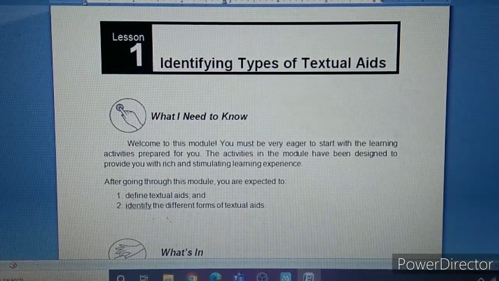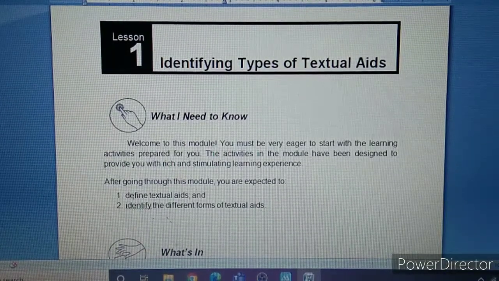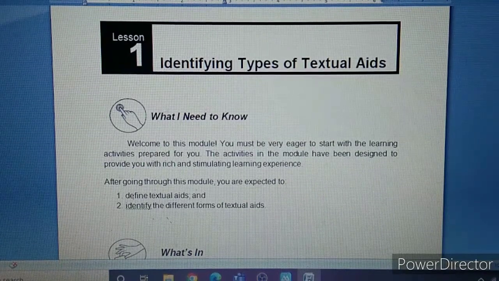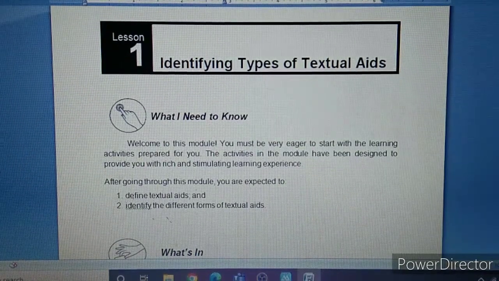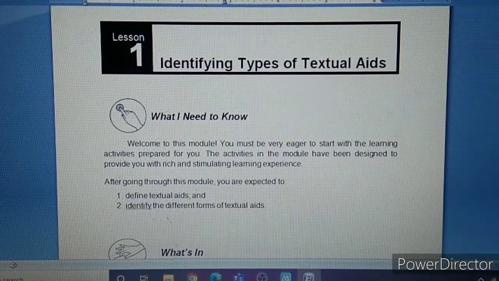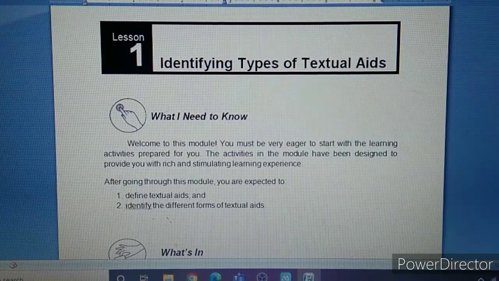Now, we are on lesson 1 of quarter 1 module 4, which is entitled Identifying Text of Textual Aids. So, I would like to welcome you all to this module. You must be very eager to start with the learning activities prepared for you.